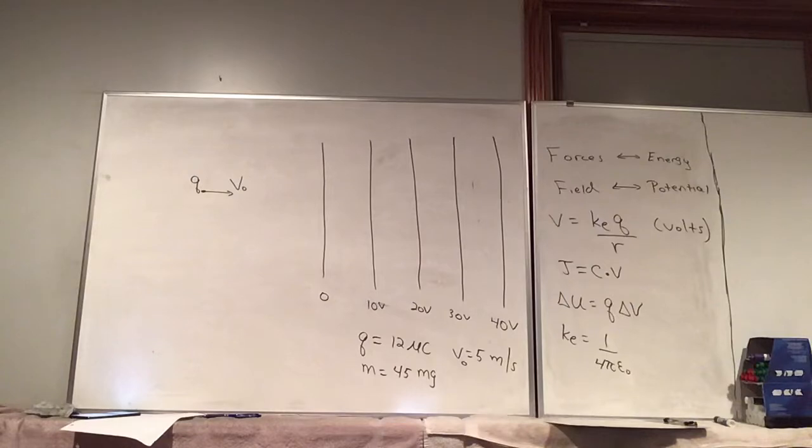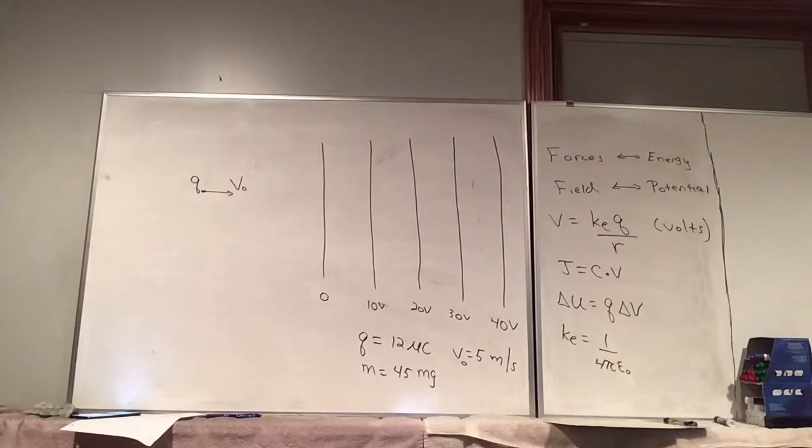And so we're going to say that this particle is going to stop at some point. Yeah, that's the idea. The particle is going to stop. And we want to find out how far it's going to go before it stops.